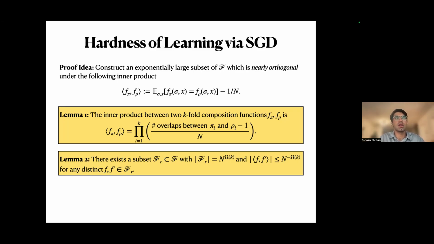And so the construction is not exactly just choosing enough random functions, but if you do choose two random functions, their inner product is going to be very small. And that allows us to choose this very large set such that this is true.